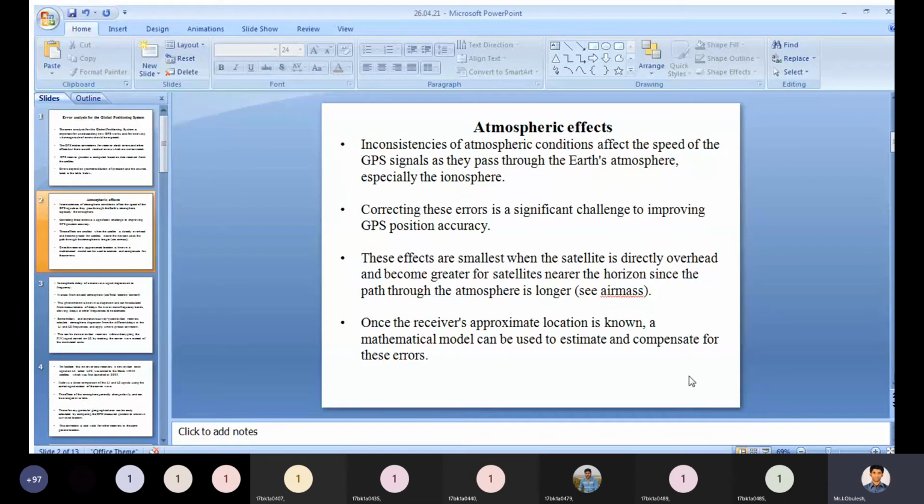These effects are smallest when the satellite is directly overhead and become greater for satellites nearer the horizon, since the path through the atmosphere is longer.